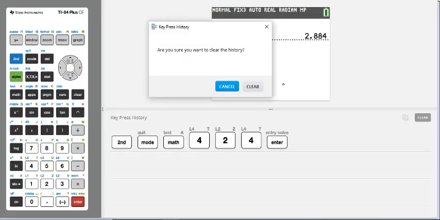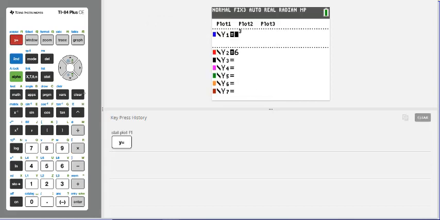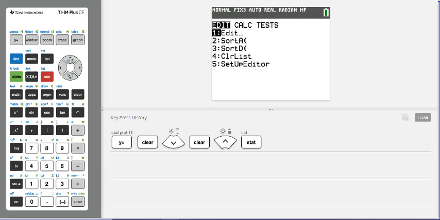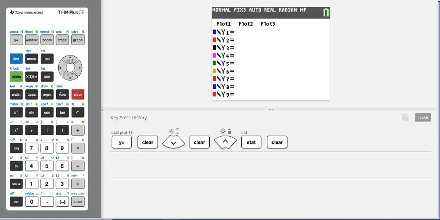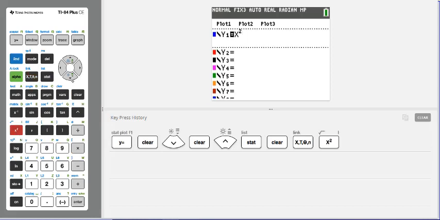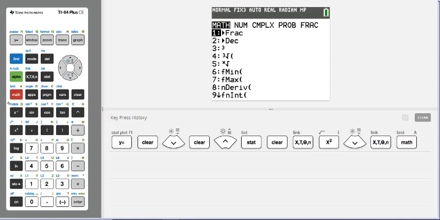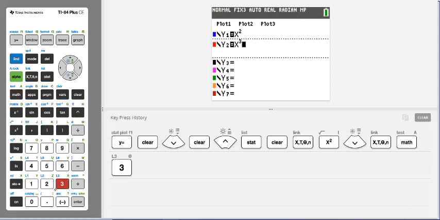Make it clear. All right, so I'm going to type in x squared, and then x, go to math, number 3. Or I could just hit the caret on top there and put 3. Caret 3 would have been the same thing.